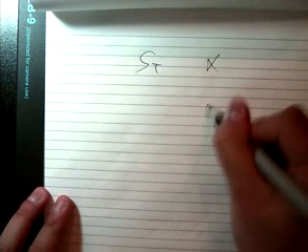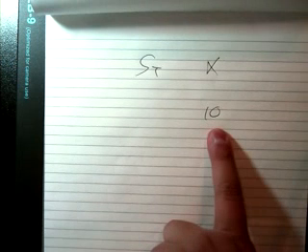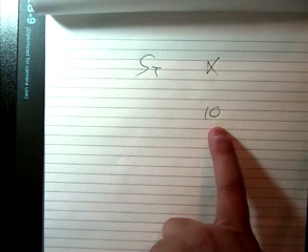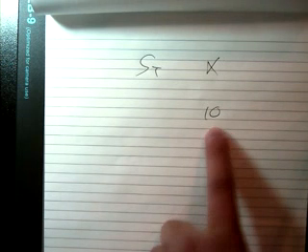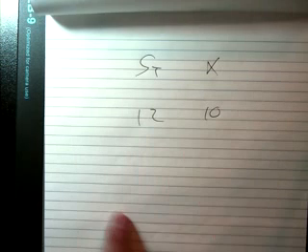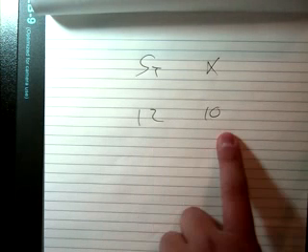If I have the right but not the obligation to buy something for $10, it would only make sense to me if the actual underlying asset is worth more than $10 in the market. Say for example 12. If it's worth 12 in the market and I have the ability to buy it for 10, that's where the option makes sense to me. That's where I would actually use it, to buy it at 10 when it's actually worth 12 in the market.